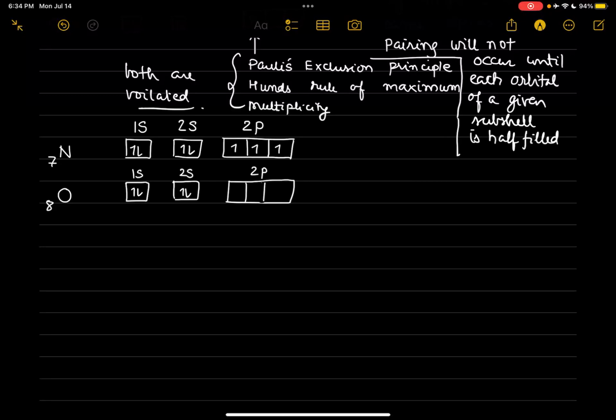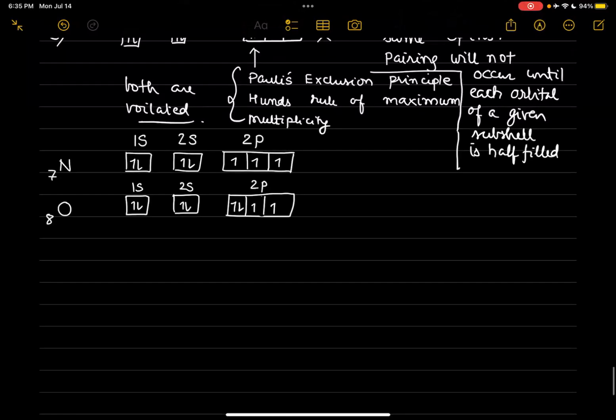First I will fill one electron in each of them, with the electron pointing upwards. But now I still have one more electron left because the total electrons were 8. So now I can go for pairing. That's what I said: pairing will not occur until each orbital is half filled, and half filled means singly occupied, just one electron. Got it?